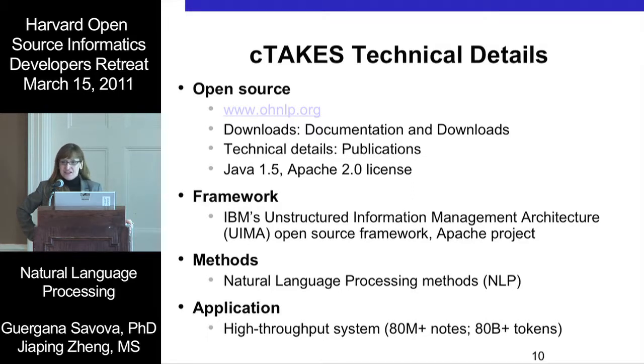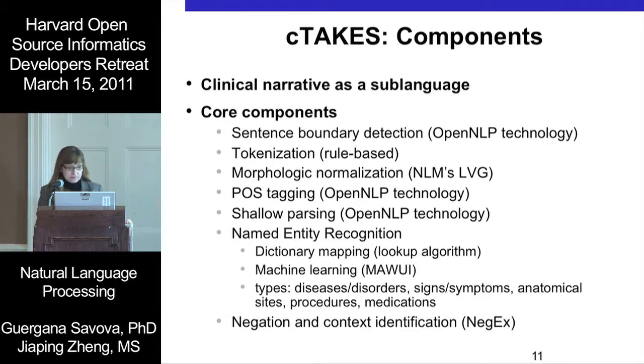And also, while at the Mayo Clinic, we had a collaboration with Mayo, and I want to give Mayo full credit for pushing IBM to release UIMA as open source. Initially, they were very averse to that idea. However, with lots of pushing from our end, UIMA is now, and has been for a number of years, an open source project. The methods are natural language processing, and as I said, the application is a high throughput system.